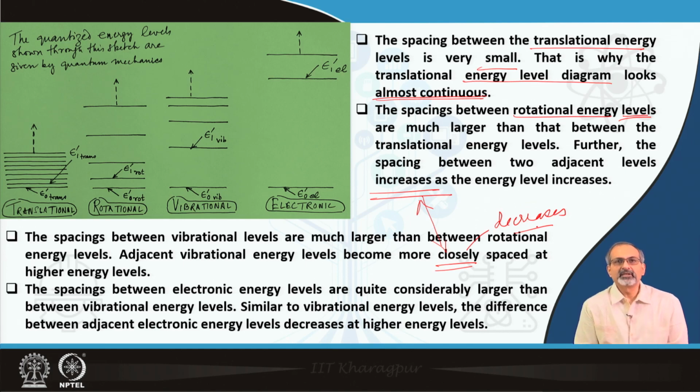The spacings between electronic energy levels are considerably larger than between vibrational energy levels, and it is similar in nature to vibrational energy levels in the sense that the difference between adjacent electronic energy levels decreases at higher energy levels. So, we see the sketch once again to recall these facts.